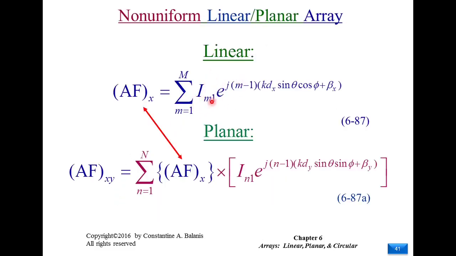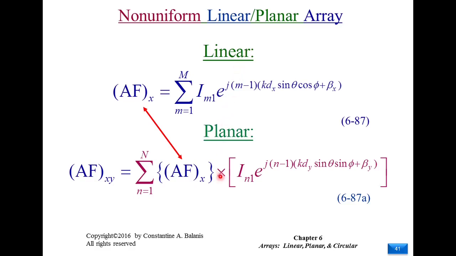So the array factor has the amplitude. Then we have the phase; if it is a linear phase, similar to what we did with the 1D antenna array, it would have this expression. So this is linear for one column.